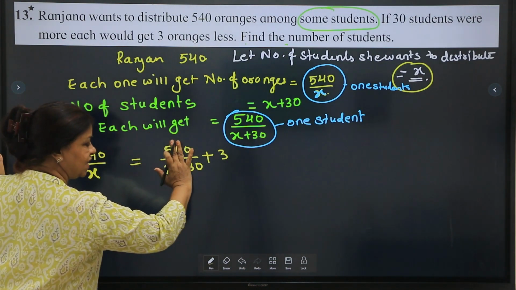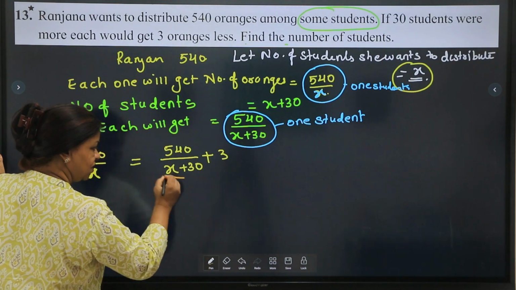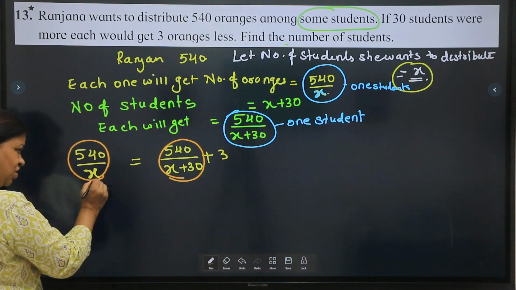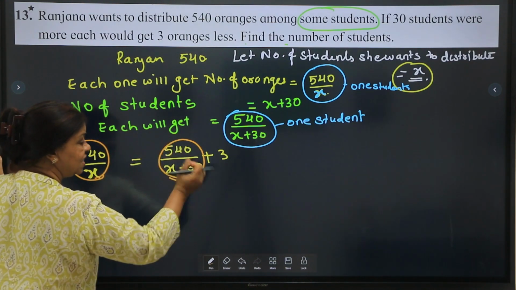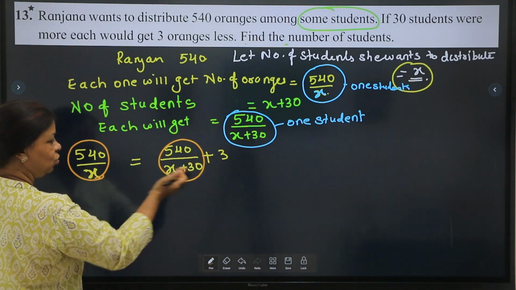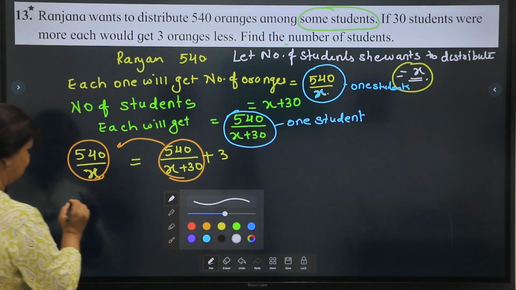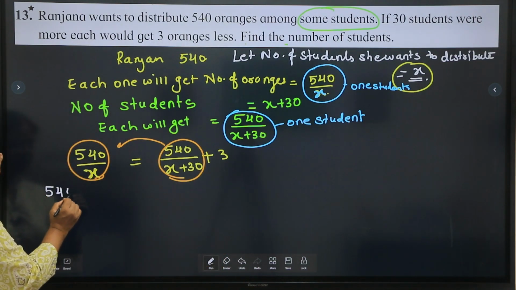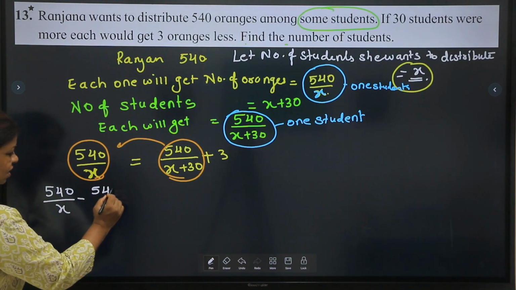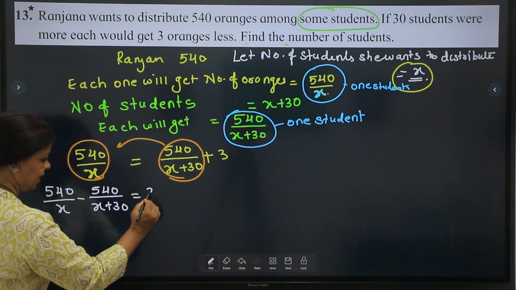Here one student is getting this number of oranges, and here one student is getting this number, but this number is less by 3 than this number. So if I add 3, they both will be equal. Now I'll shift this here. What will happen? 540 upon x minus 540 upon x plus 30 is equal to 3.